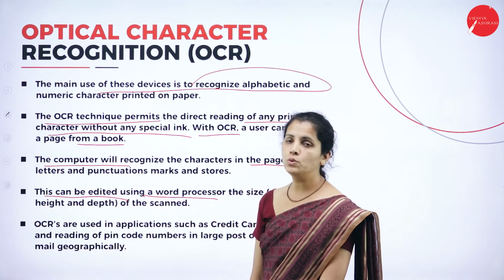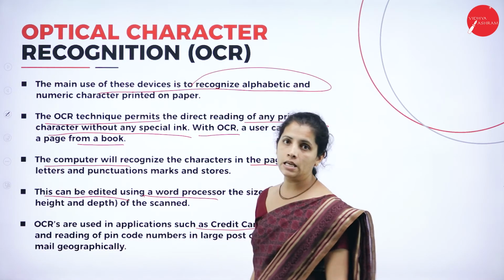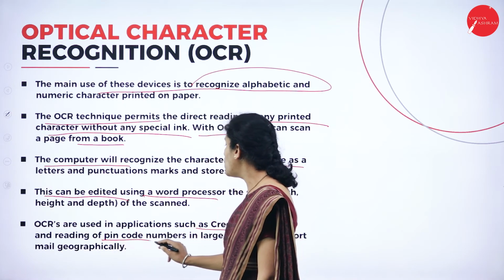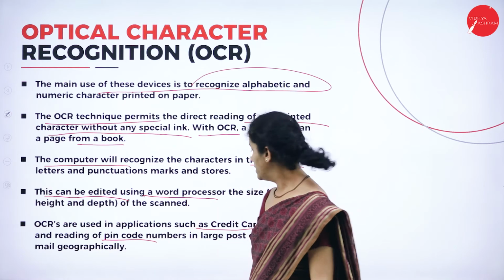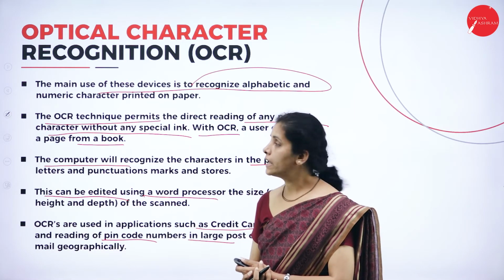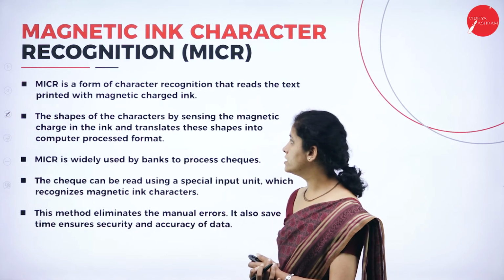It is mainly used in applications such as credit card billing. Along with that, to read PIN code numbers in a large post office, we can use optical character recognition.